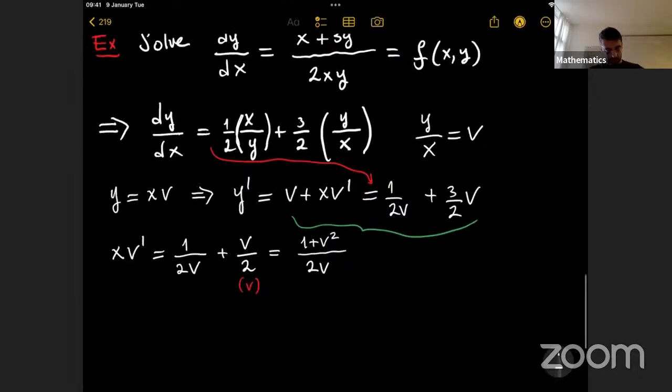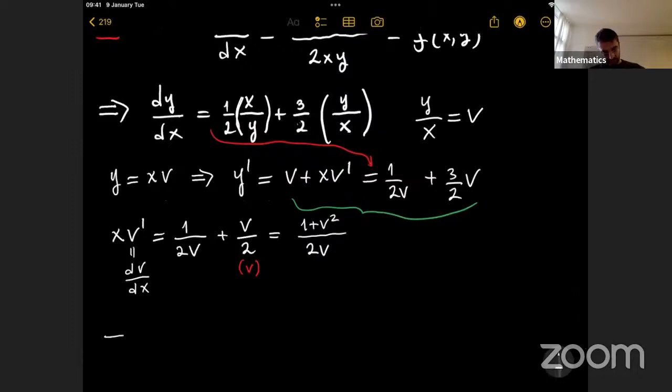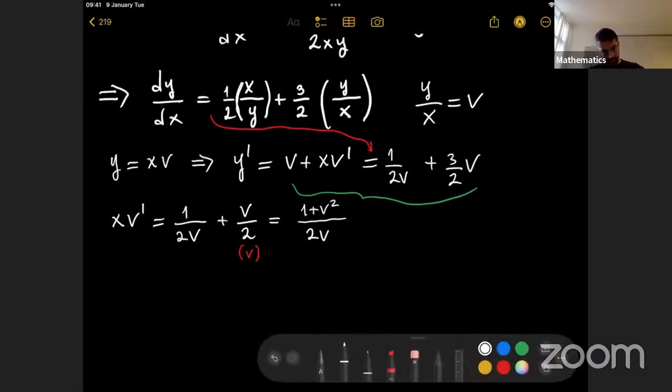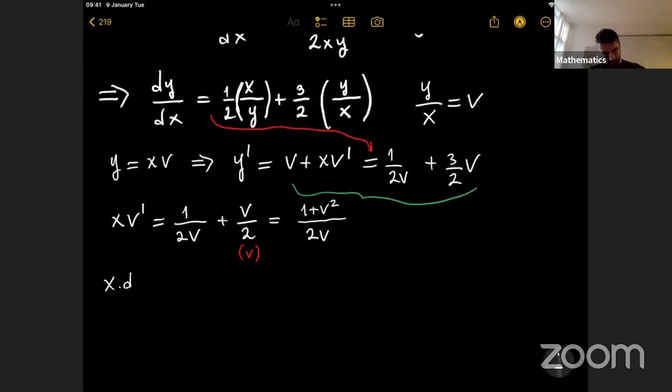Well, from here, you can write like this. This is dv over dx, okay? So let's write like this first. x times dv over dx is equal to 1 plus v squared over 2v.